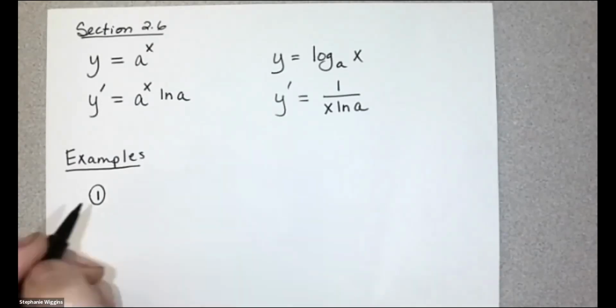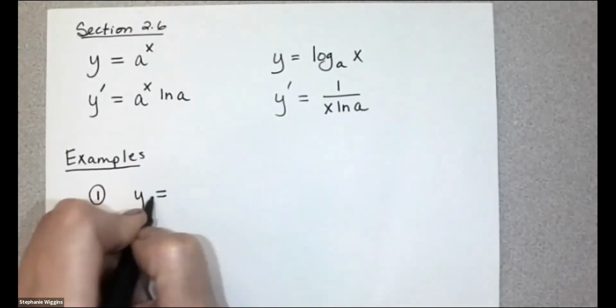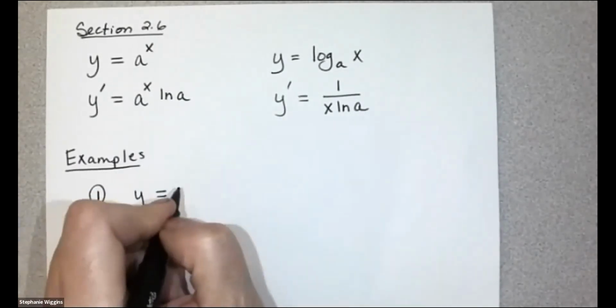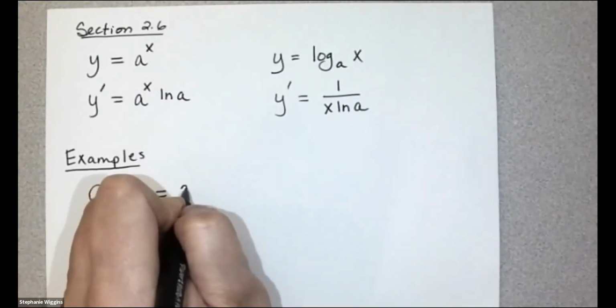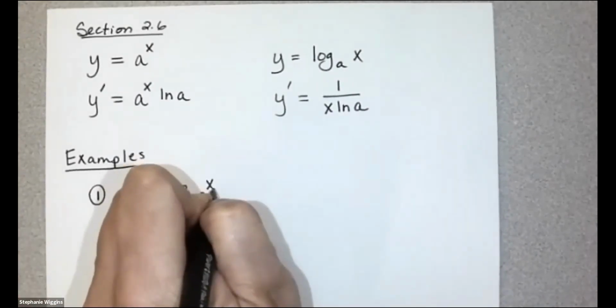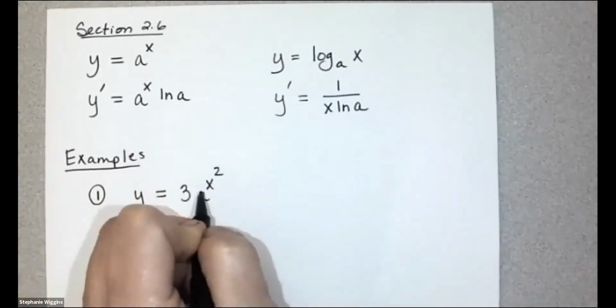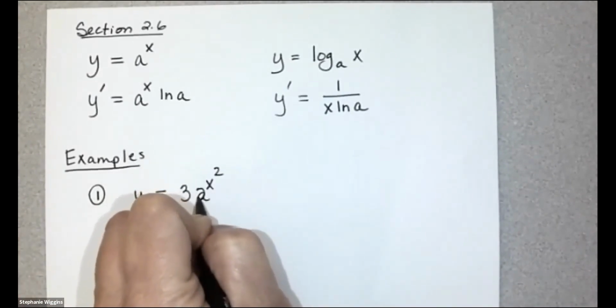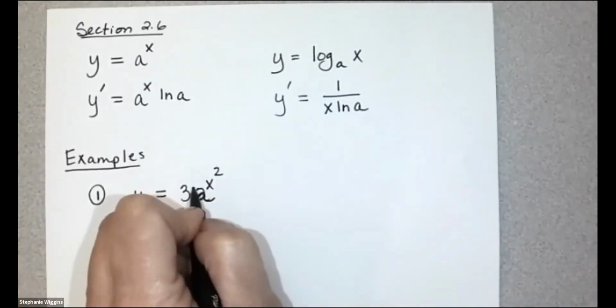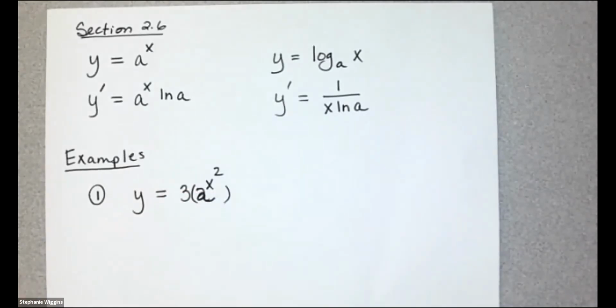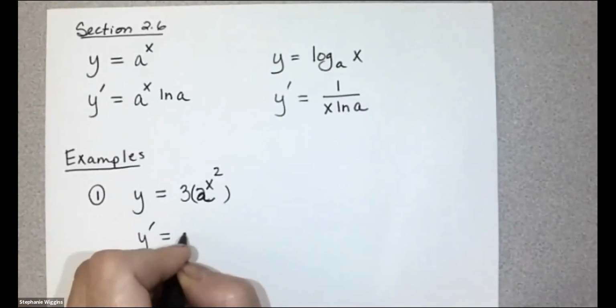Let's suppose we have our function y equals, let me put in a constant there, 3 times 2 to the x squared. Well, the derivative, since we have a constant multiple, we just keep that constant.